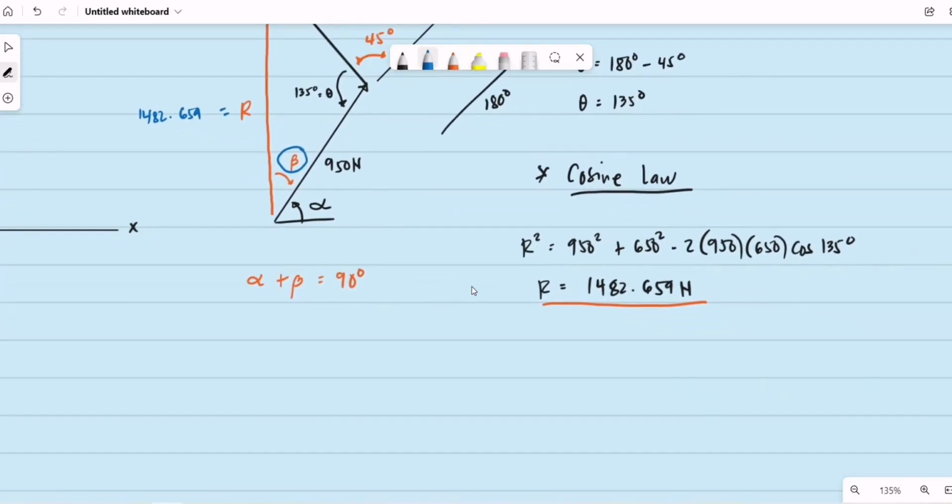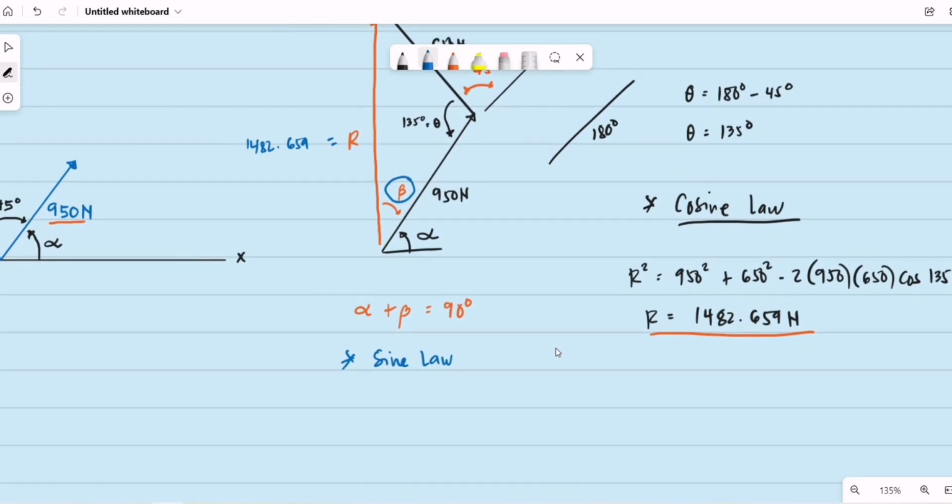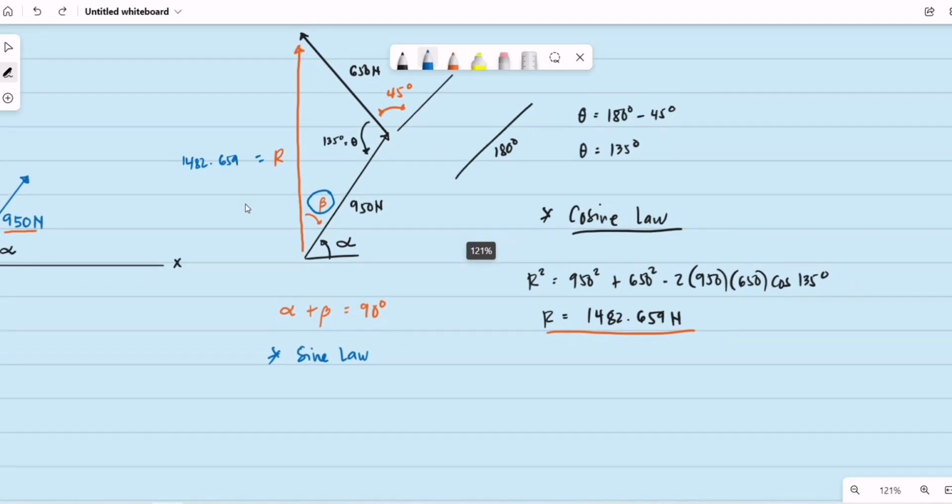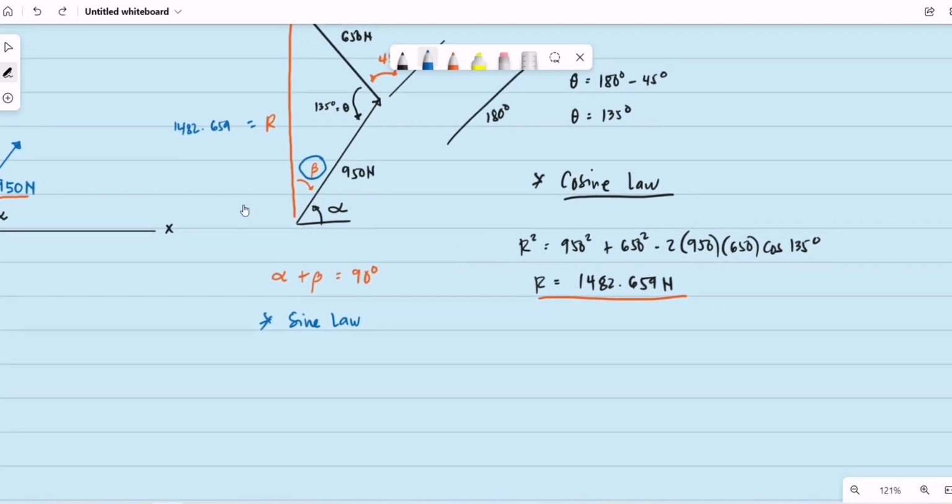This time, I think we can now apply the sine law, since we have now three known sides and one known angle. By sine law, I will be using the value of 650 newtons, the opposite side of the unknown angle, beta. So we have 650 newtons.